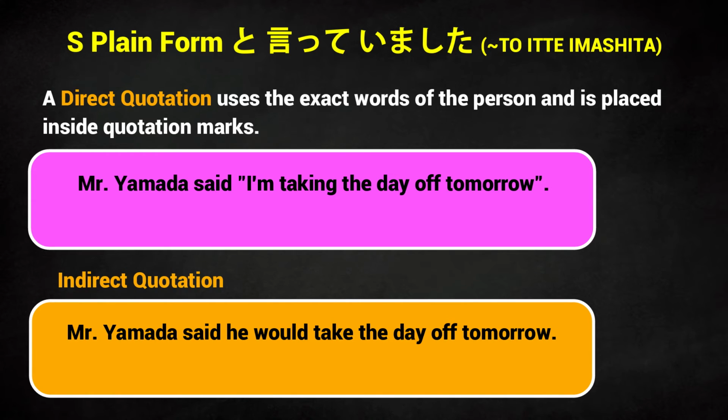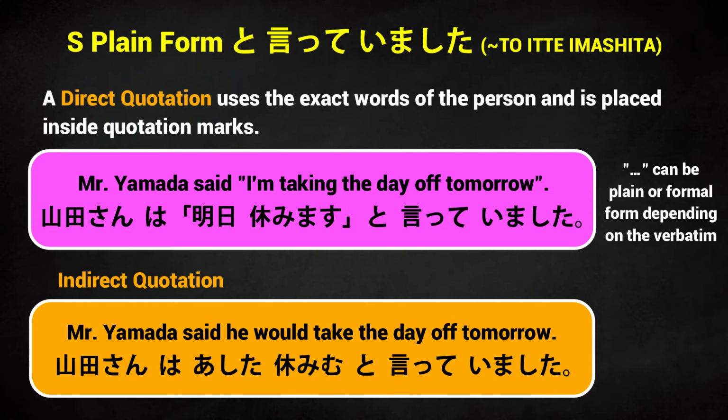Mr. Yamada said he would take the day off tomorrow. When translated into Japanese, an indirect quotation always uses the quoted phrase in plain form.